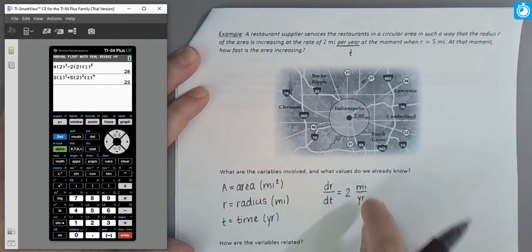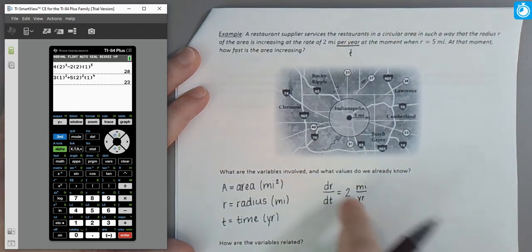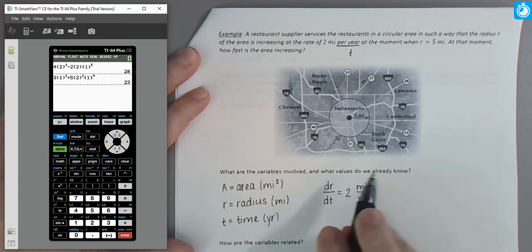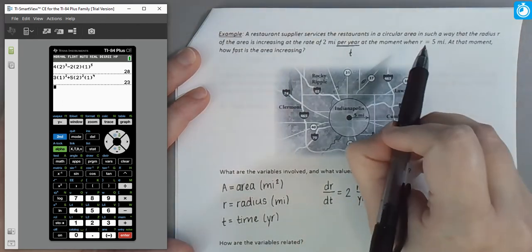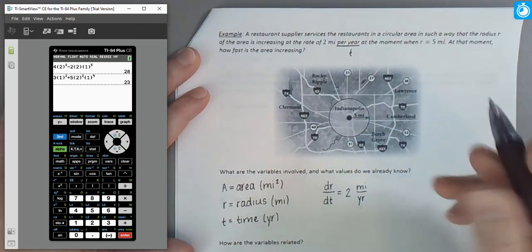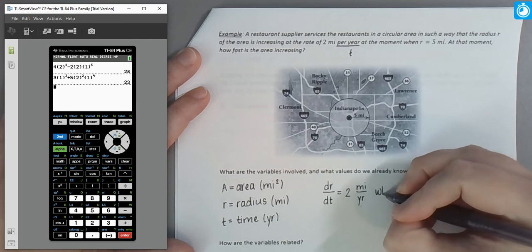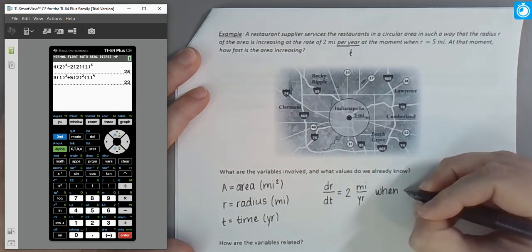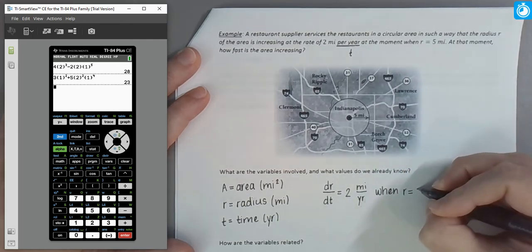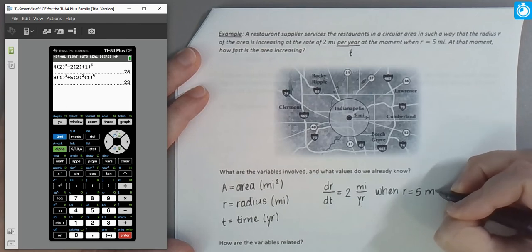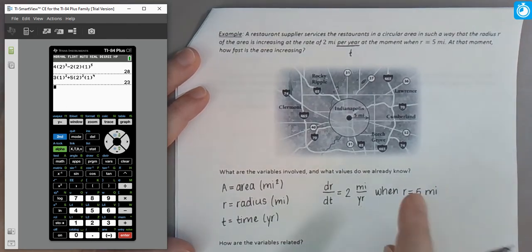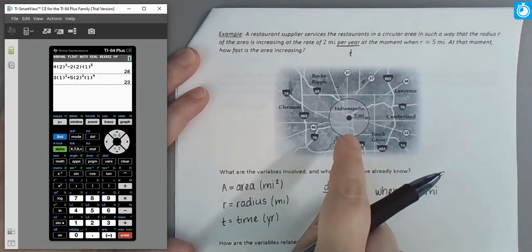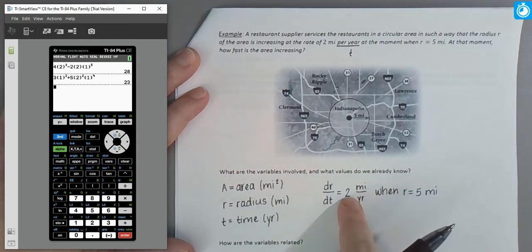So distance is changing with respect to time. Notice the numerator and denominator match up in terms of the units. And this particular rate applies when the radius is specifically 5 miles. So at that specific moment in time, whenever that happens to be, when the radius has a distance of 5 miles, this is how it's changing.